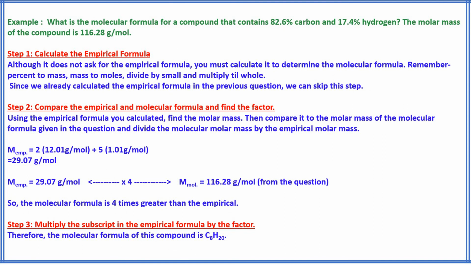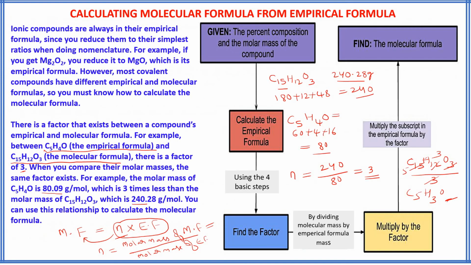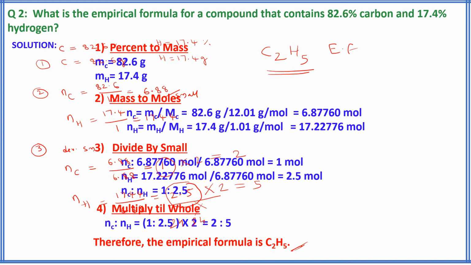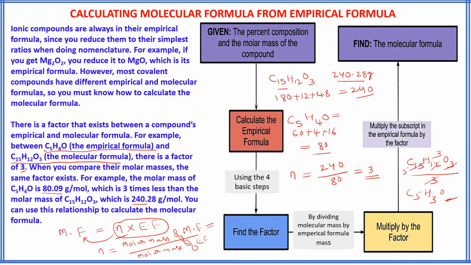We'll do one problem here. In this problem, 82.6% carbon, 17.4% hydrogen. Already we calculated this. What is the empirical formula we got? C2H5, right?